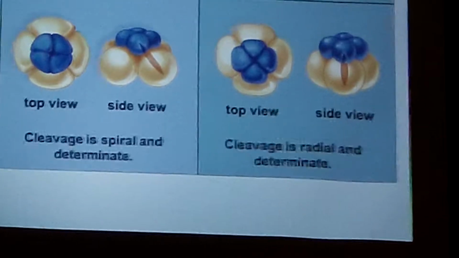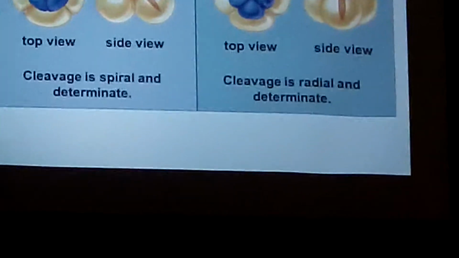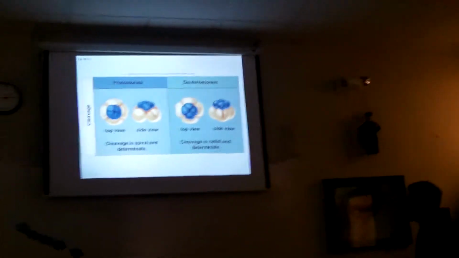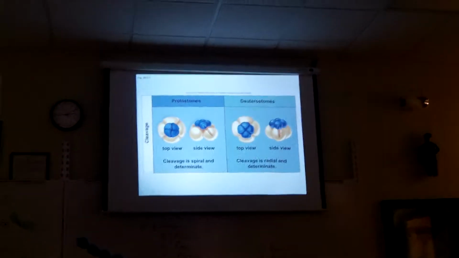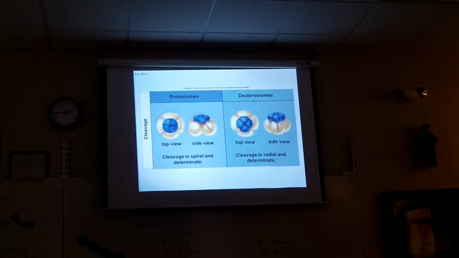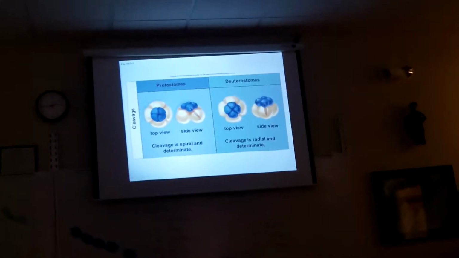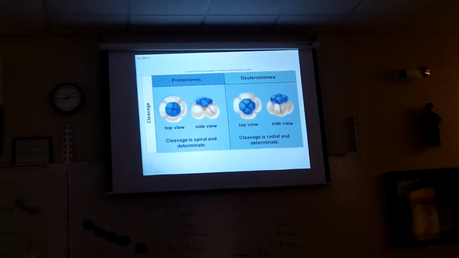So how would you describe that? Well, they give it a word. They call it the cleavage is radial. They call it radial when it's right up on top of one another, and they call it spiral when there's an angle.